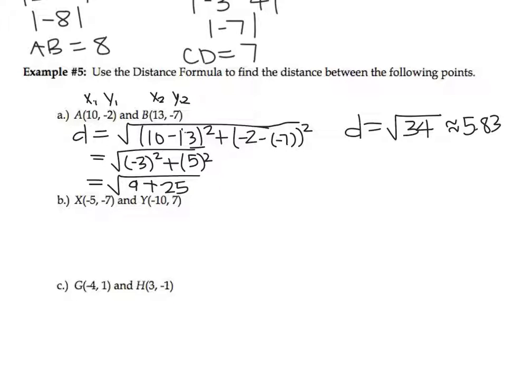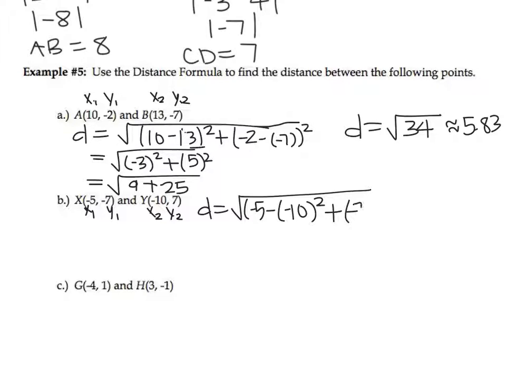So next we have x at (-5, -7), and y at (-10, 7). So x1, y1, x2, y2. So we get the distance equals -5 minus -10 squared plus -7 minus 7 squared.